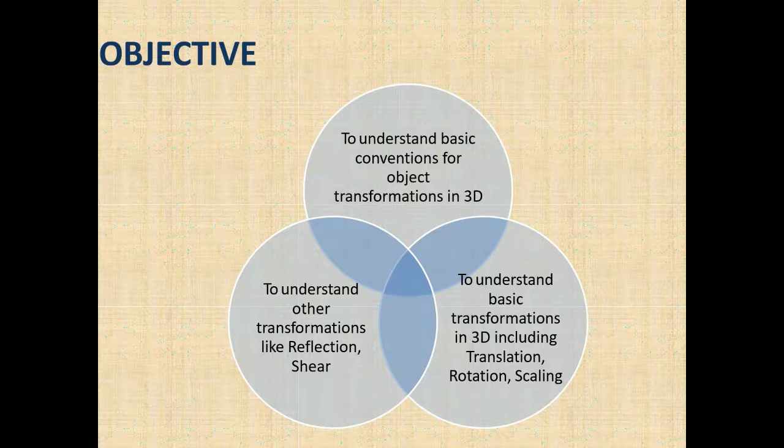The objective of 3D transformation is to understand the basic conventions of object transformation in 3D. So whatever we are seeing in 2D, how it will look in 3D. Obviously, whenever we are adding a plane, let's say you are viewing a ball bouncing up and down in a 2D plane, you will only be able to see the foreground of that ball, whatever it is bouncing up and down.